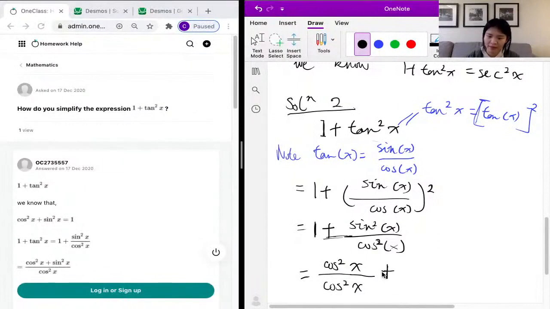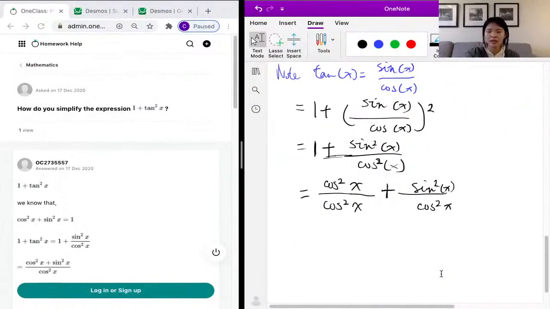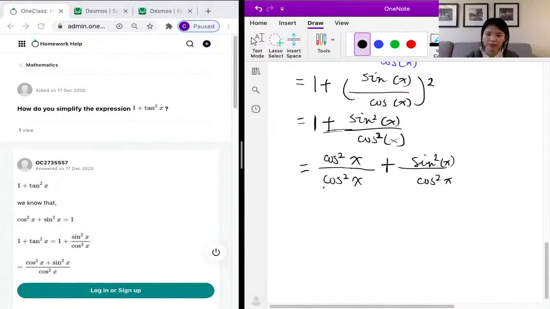So we just have cos squared x over cos squared x, which has the same value as 1, plus sine squared x over cos squared x. Now we see that both fractions have the same denominator, so we can just add the numerators. So this expression is equivalent to cos squared x plus sine squared x, in brackets, over cos squared x.